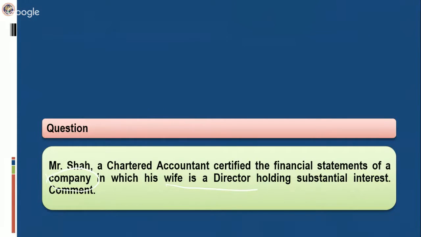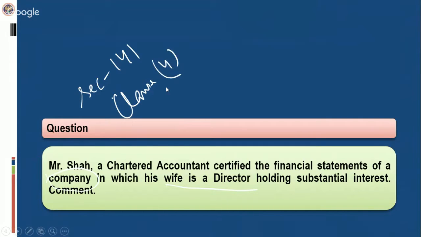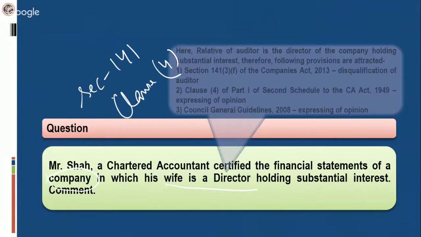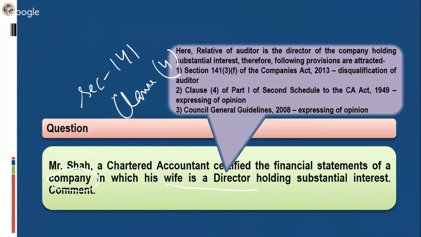Here, section 141 will be applicable, and then the professional ethics clause, that is clause 4 of part 1 of the second schedule, will be applicable here, along with certain Council guidelines. Yes, the relative of the auditor is the director of the company who is holding substantial interest. Therefore, these are the provisions applicable to the given situation.